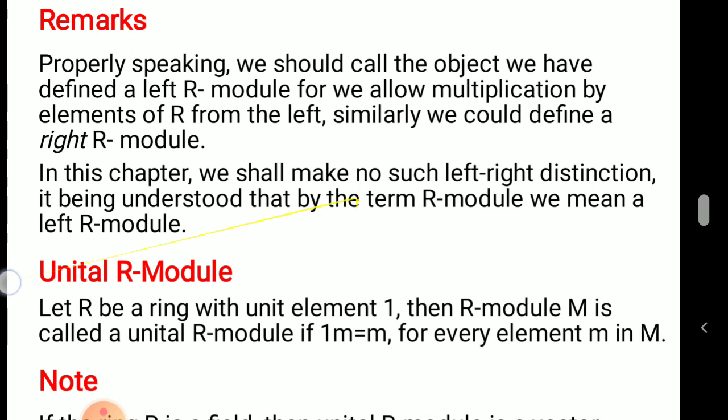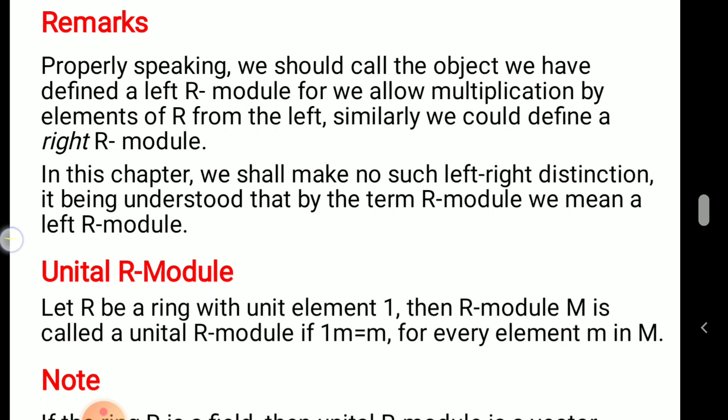If the ring contains the unit element, then such a module is called a unital R module, and therefore we define it as: let R be a ring with unit element 1, then the R module M is called a unital R module if 1 times m is equal to m for every element m in module M. That means we consider an R module at first, and if there exists a unit element 1 satisfying the condition 1m equals m, then the R module is called a unital R module.